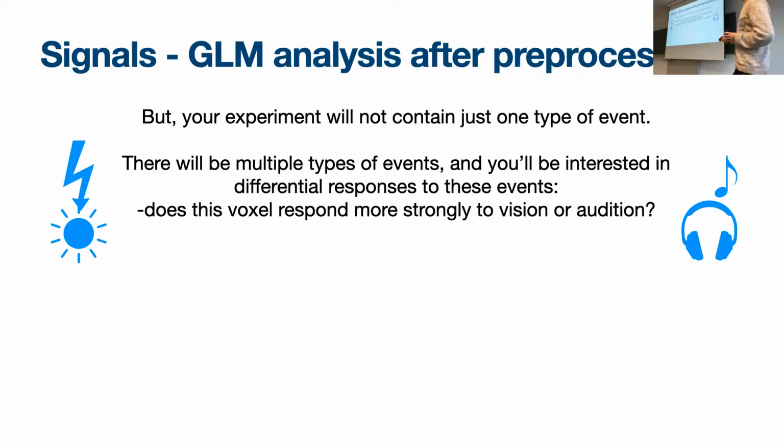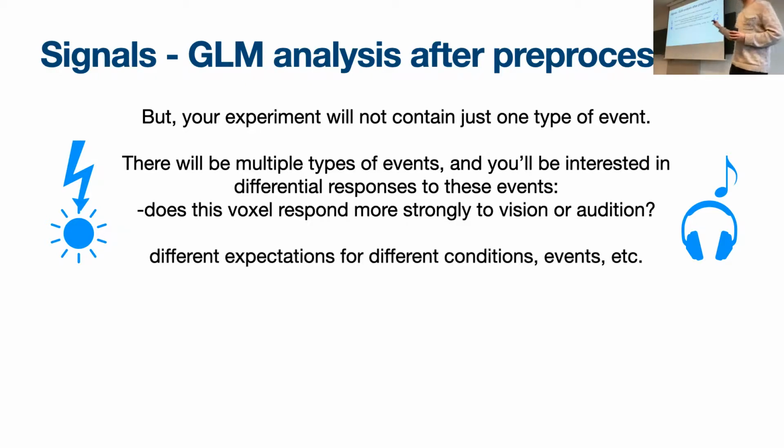But we are now going to be interested in analyzing what is a visual region of the brain and what is an auditory region of the brain. And so for any given voxel, we want to answer the question, does this voxel respond more strongly to vision or to audition? Is that setup clear? Very simple. Of course, people do much more complicated experiments, but for the purposes of this explanation, this is as far as we go.